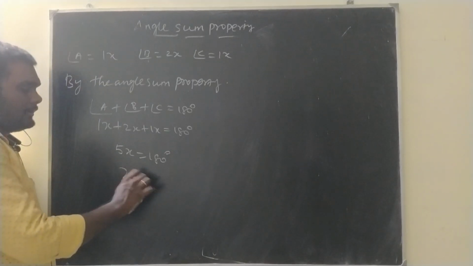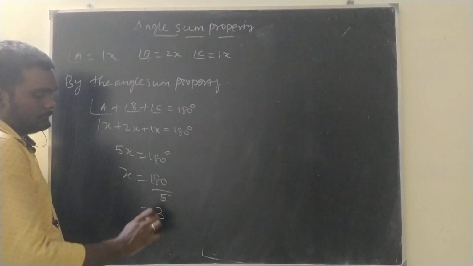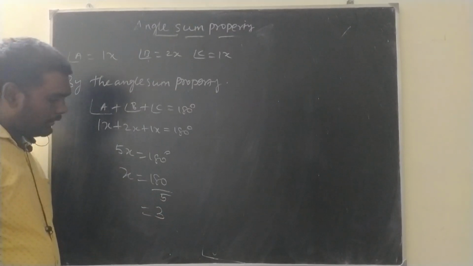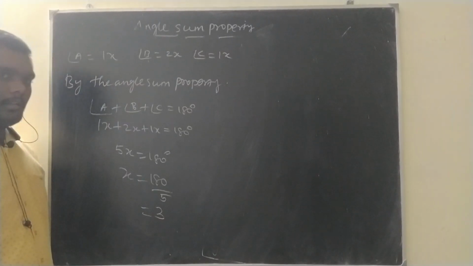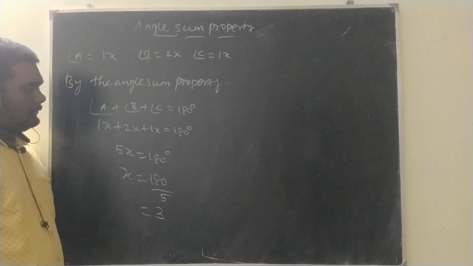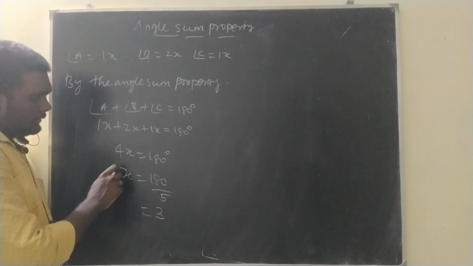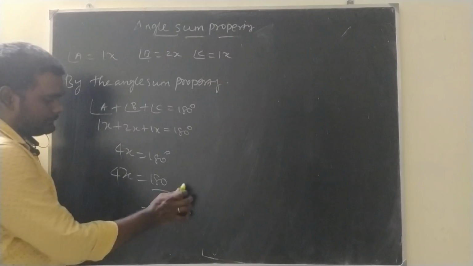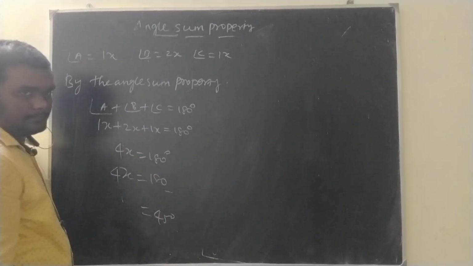Yes, x is what? Oh, sorry. My bad. 4. Then 4 means correct. Then x is 45 degrees.